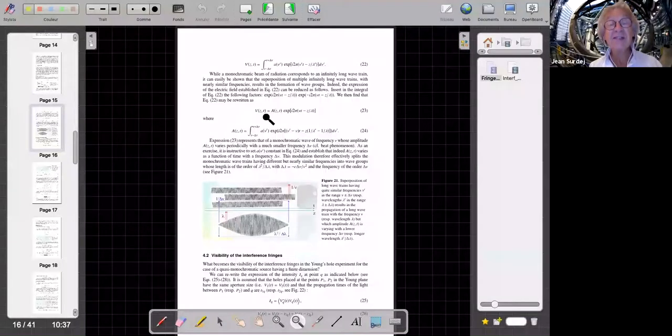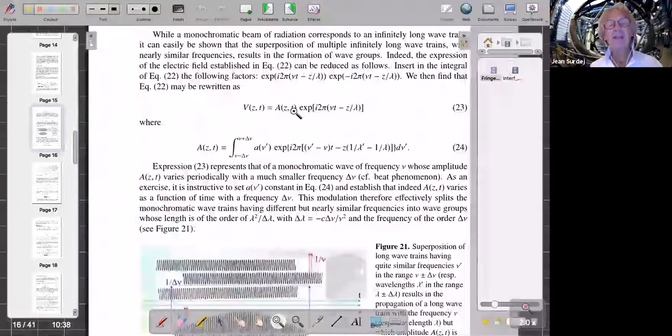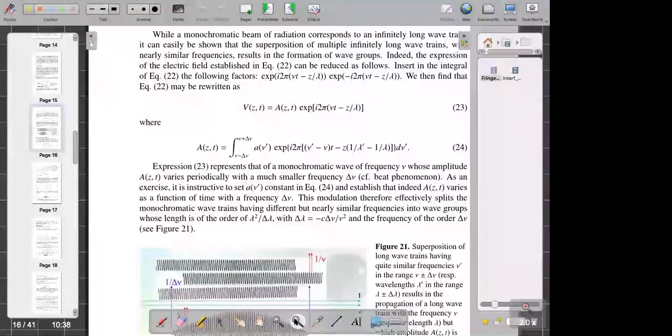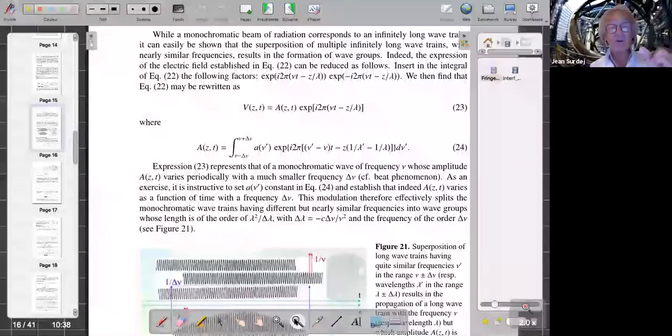The reason is that the electromagnetic field can then be represented by the following expression. It's still an oscillation with a frequency nu, but the amplitude is modulated with a much slower frequency, which is delta nu, the bandwidth.